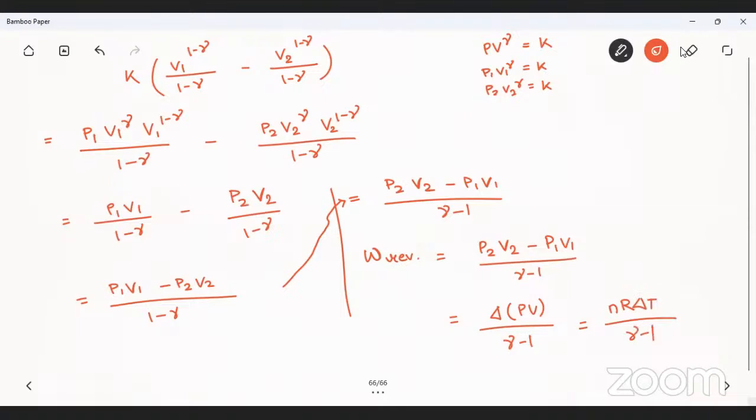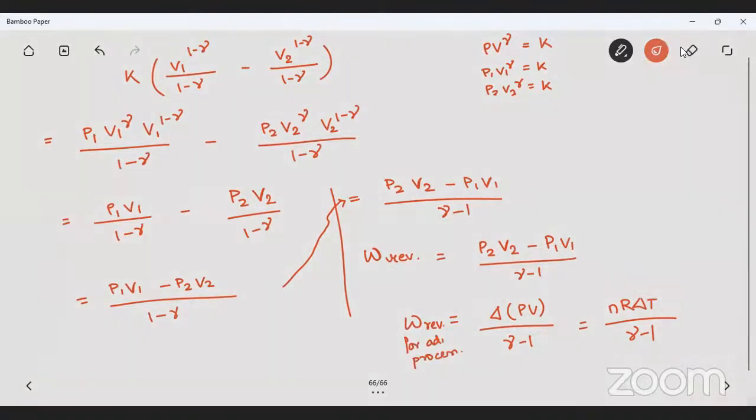So is this part clear? Yes, ma'am. So this is our another formula for adiabatic process.